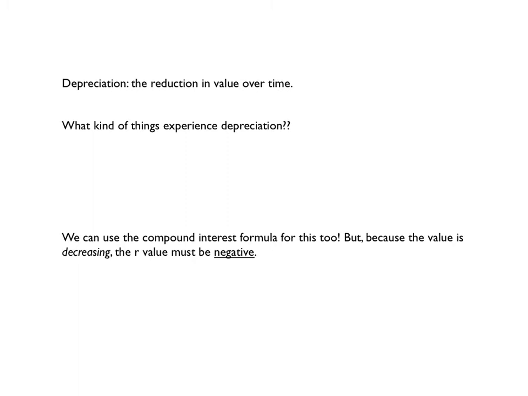And every year that goes by, our car is losing value, especially if it's been driven, because we're adding miles and the car is just older, so it's not worth as much. Again, we can use the compound interest formula for this too, but the only difference is, since the worth is decreasing, the R value has to be negative.